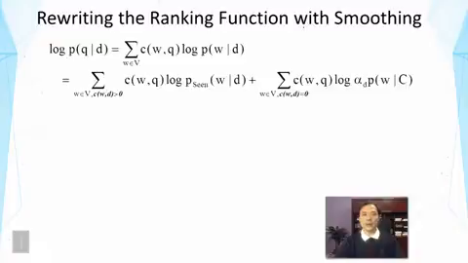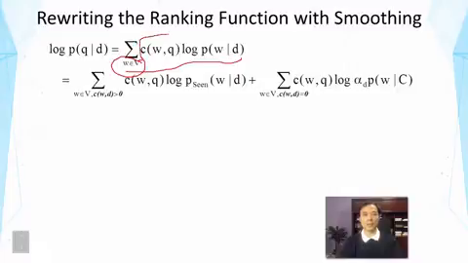So what if we plug in this smoothing formula into our query likelihood ranking function? This is what we will get. In this formula, you can see we have a sum over all the query words. And note that we have written it in the form of a sum over all the vocabulary. You can see here, this is a sum over all the words in the vocabulary.